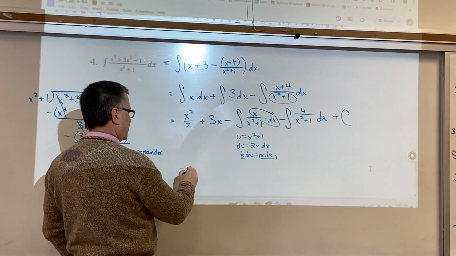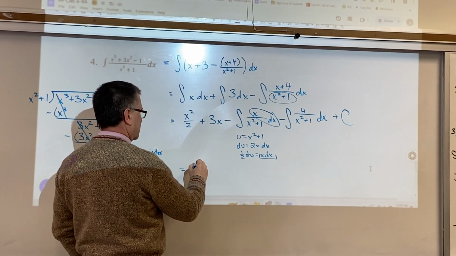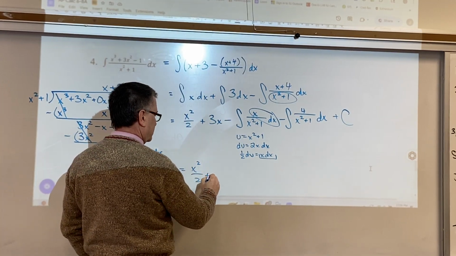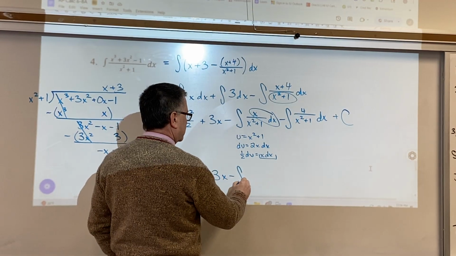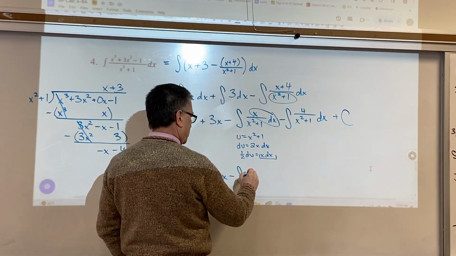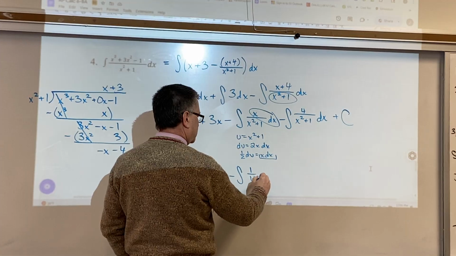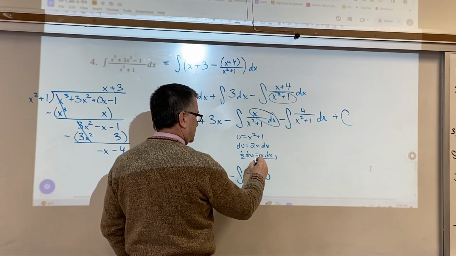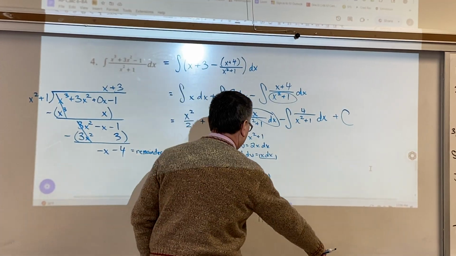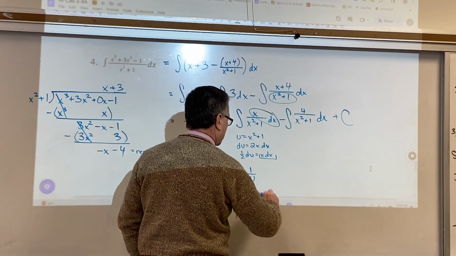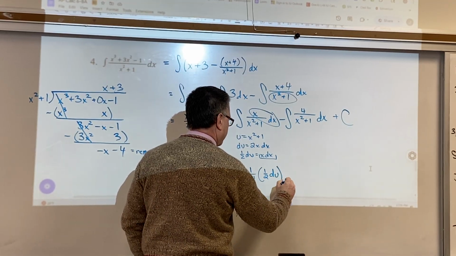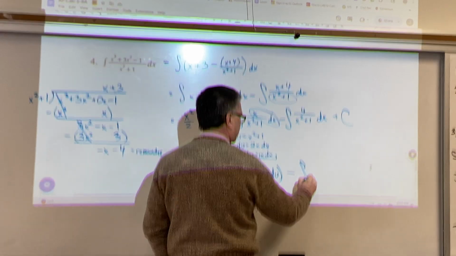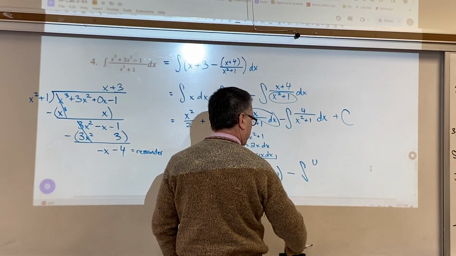So now I'm going to get, hey, we'll worry about this one tomorrow, minus the integral of 1 over u, 1/2 du. x dx is 1/2 du. Minus this one coming up.